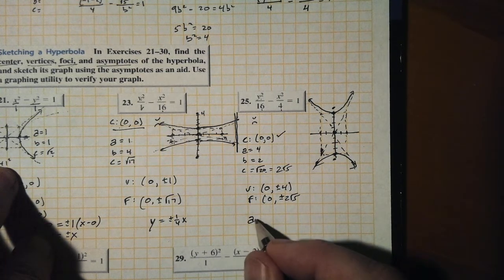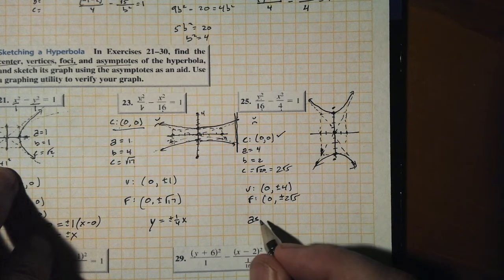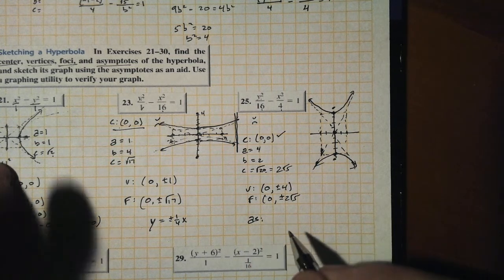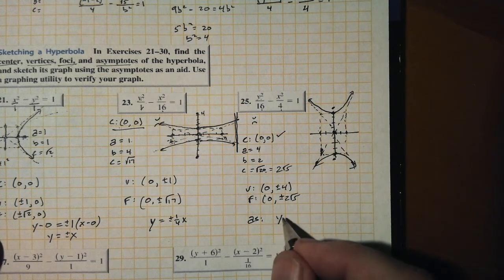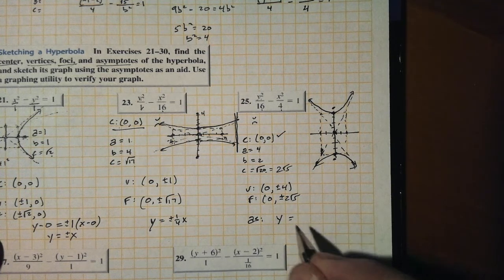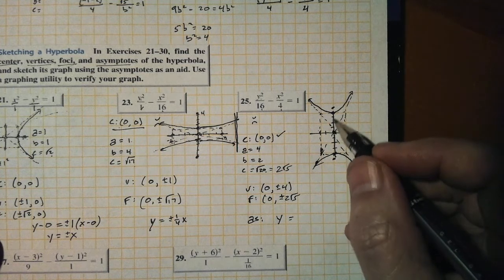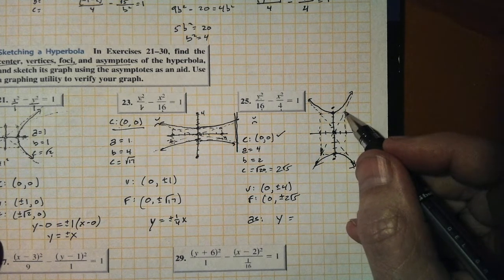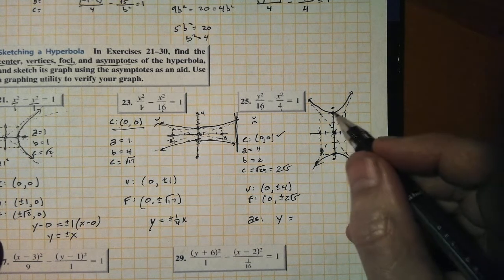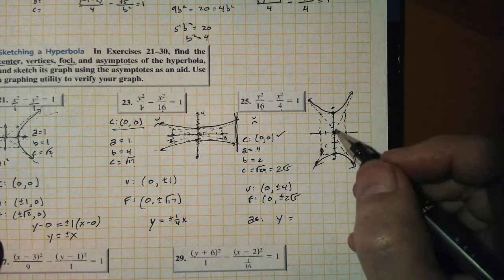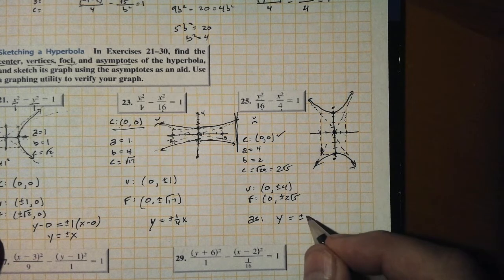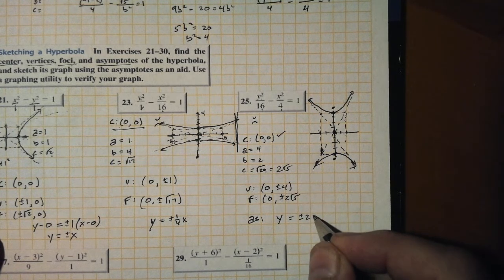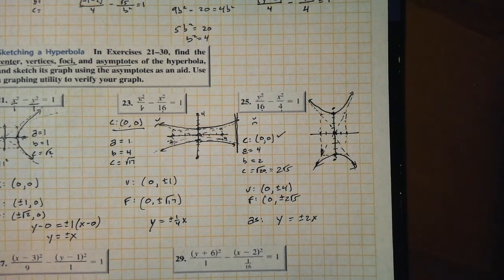And our equations of our asymptotes: y minus 0 equals up 4 over 2. Up 4 over 2, that's 2 to 1. This is a slope of 2, slope of negative 2, plus or minus 2 quantity x minus 0. There it is.